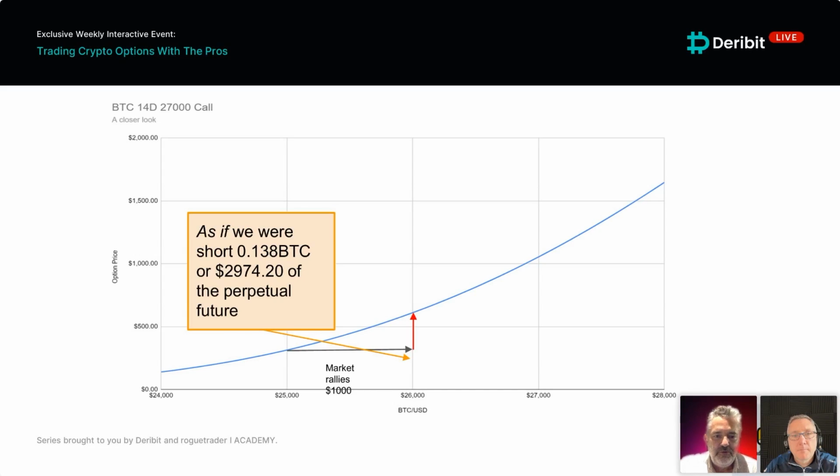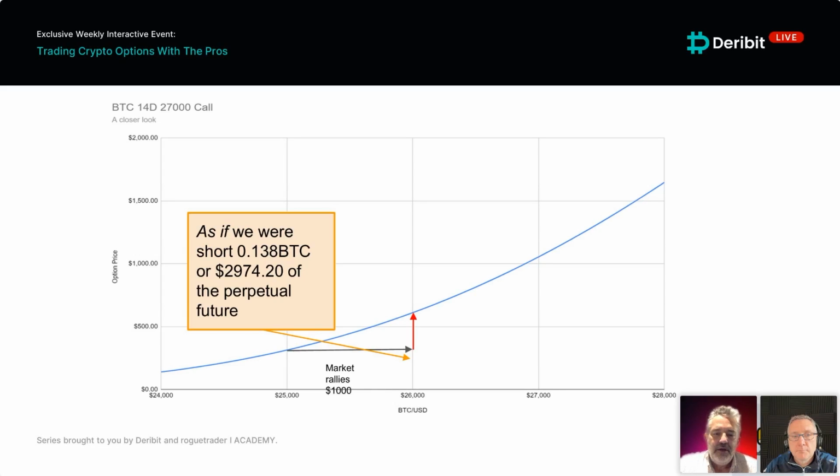In that move of $1,000 of the underlying, the option has gone up to about $600, so it's doubled in price. And the delta of that move in price is 0.138 bitcoins.